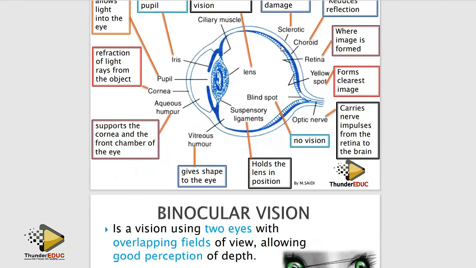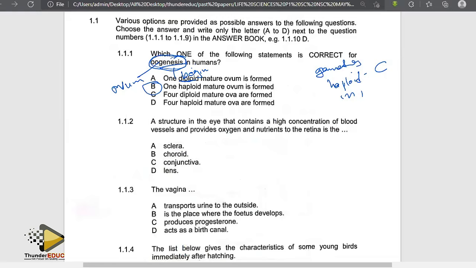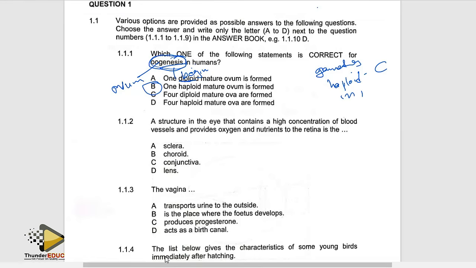It has a lot of functions. Among them is to have blood vessels which provide oxygen and nutrients to the retina, so that the retina can function properly. So the answer becomes B. That part is called the choroid.